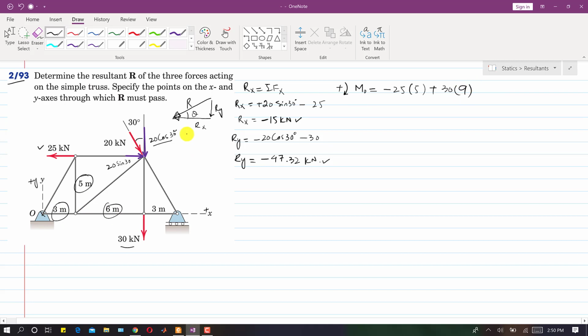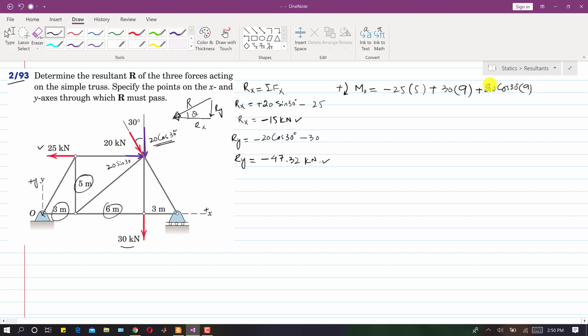And similarly this 20 cos of 30 component is producing clockwise moment, and the perpendicular distance of this component from O is 6 plus 3, 9, right? So I will write plus 20 cos of 30 degrees into 9.